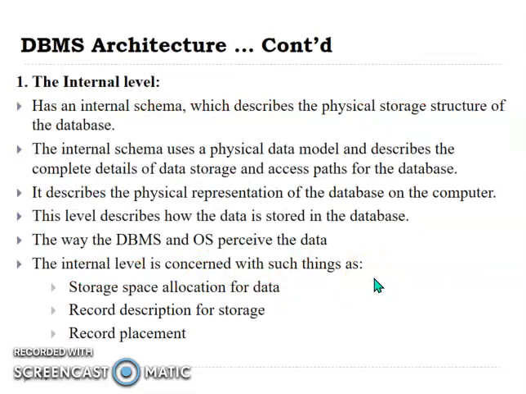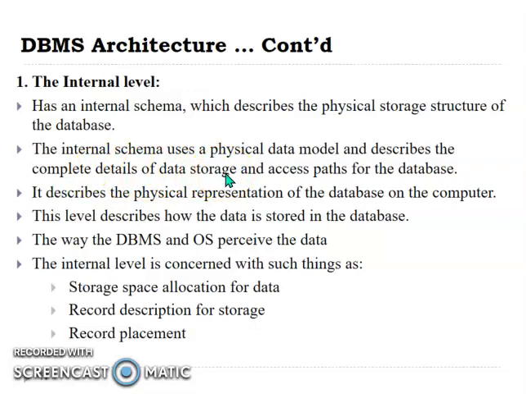The first level is the internal level. What is the internal level? An internal schema describes the physical storage structure of a database. The internal schema uses physical data modeling and describes complete details of storage and the access path of the database.